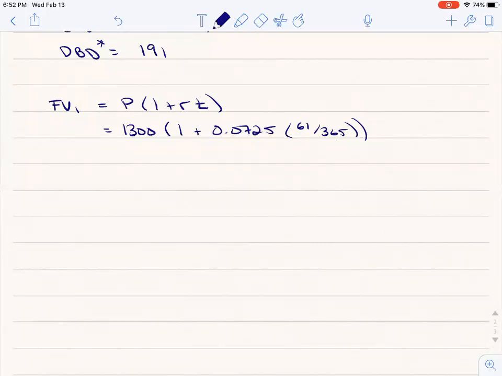Times 0.0725 plus 1 times 1300. I get 1,315.75137. So the future value is money, an amount owing, so we need 2 decimal places, 0.75.